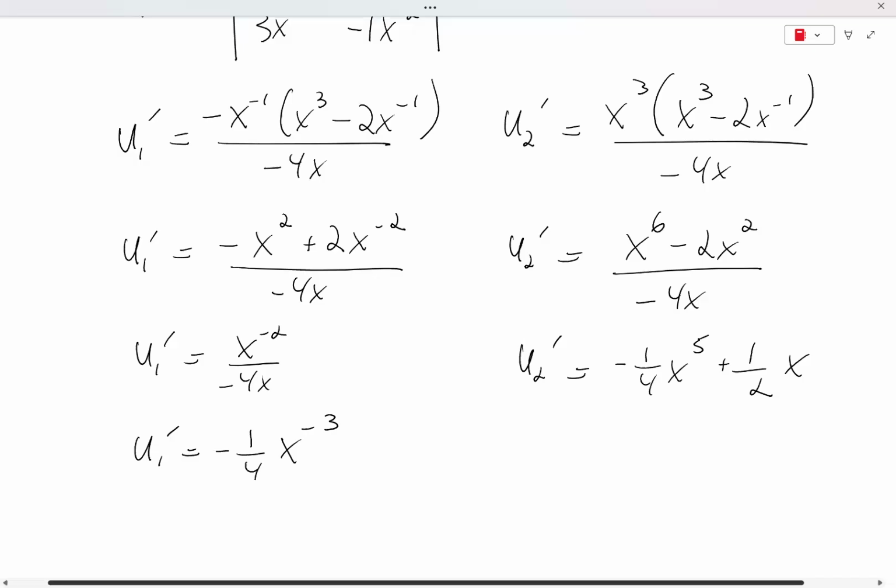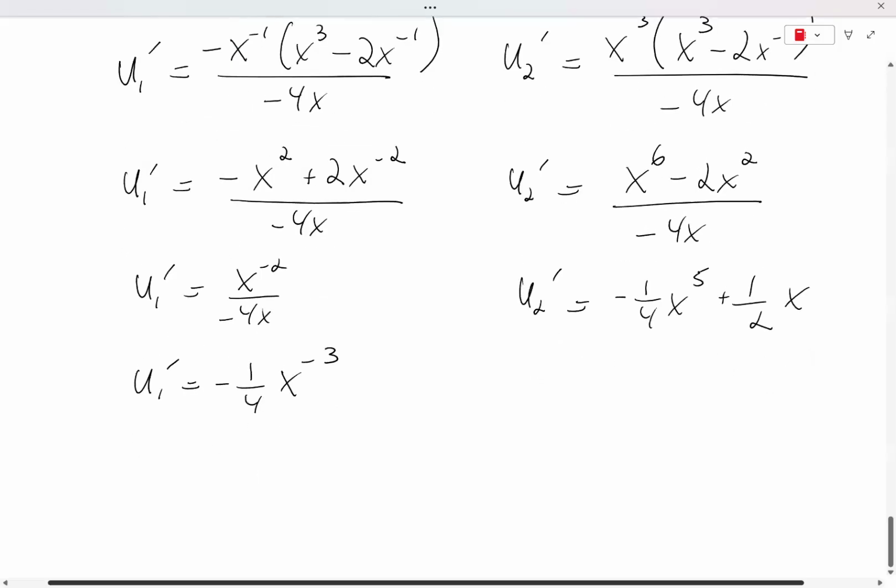Let's get this here then. Okay, made a mistake in my note there. Okay, so then now let's do antiderivatives here. So u sub 1 would be equal to negative 1/4. Well, let's see if I get that right.